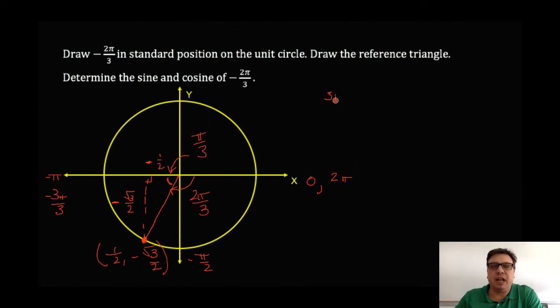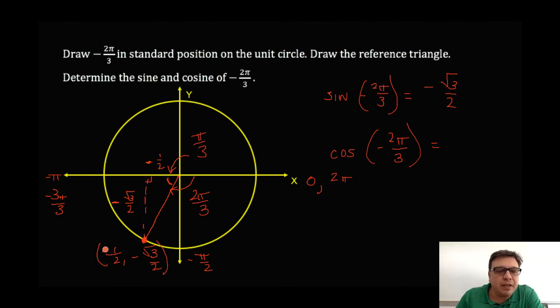So therefore, sine of negative 2 pi over 3 is equal to negative square root of 3 divided by 2. The cosine of the angle, negative 2 pi divided by 3, is equal to, whoops, that's supposed to be a negative there. It just didn't draw. Negative 1/2.